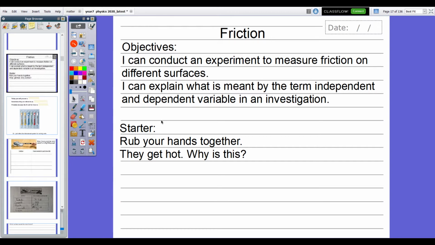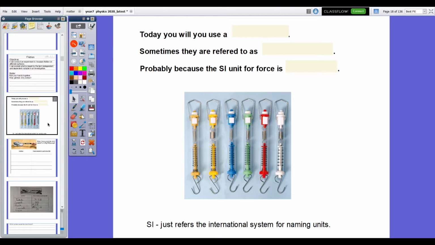And that's really what we're going to investigate in different ways. We're going to change some things in the investigation and see how the friction is affected. So, how are we going to do this? Well, today, if you're in lesson, you would be using these down here, and you can see they've all got ends on them, and these are all measuring newtons.